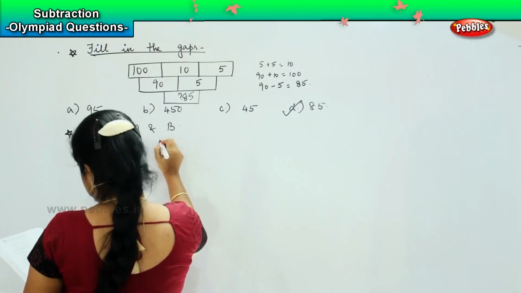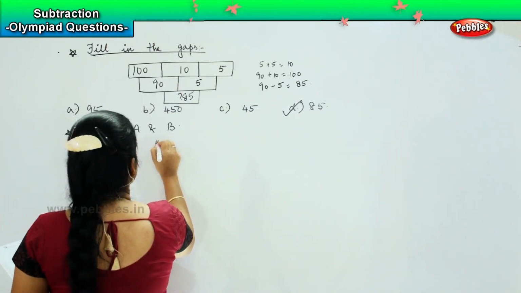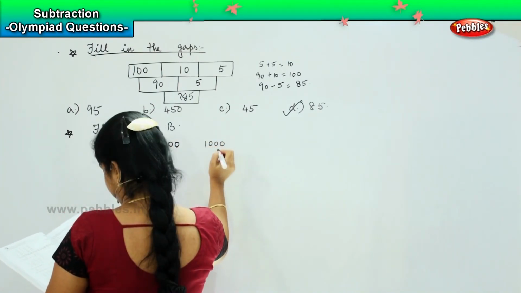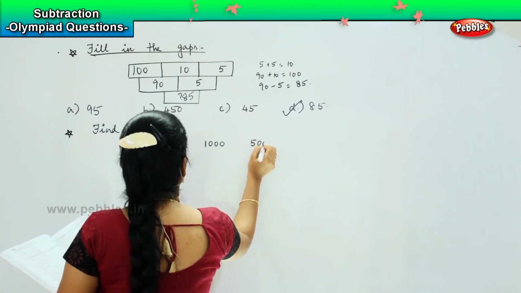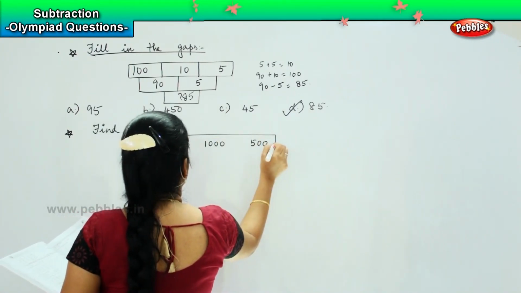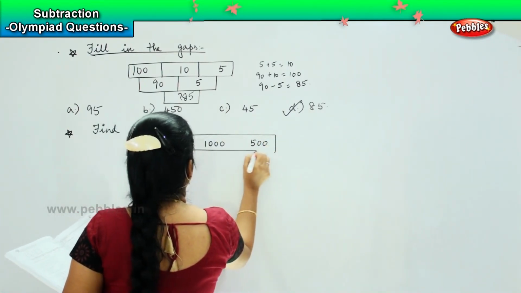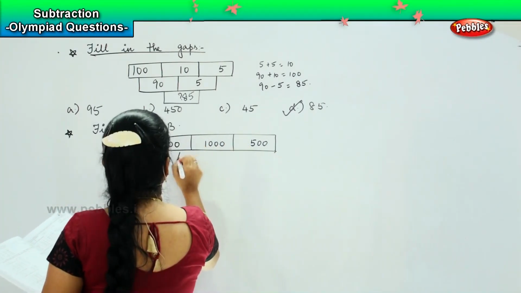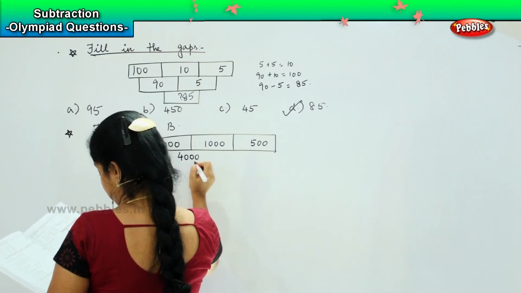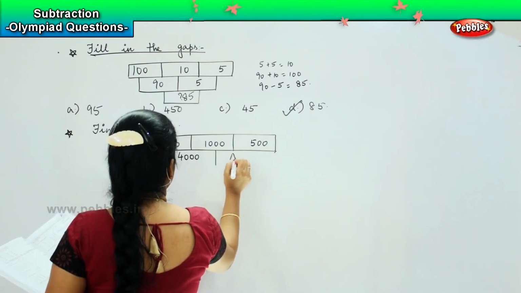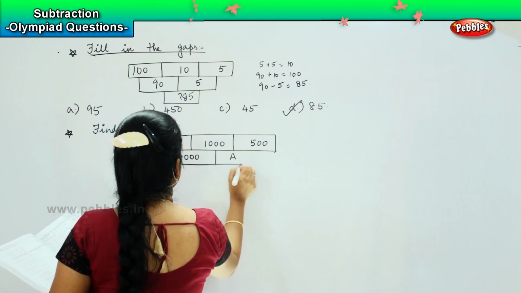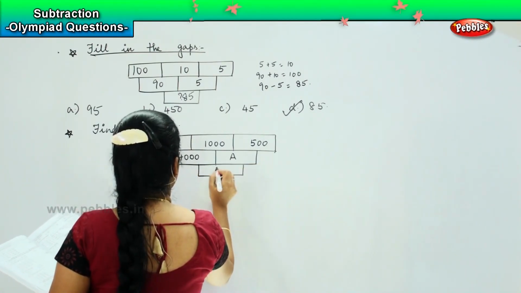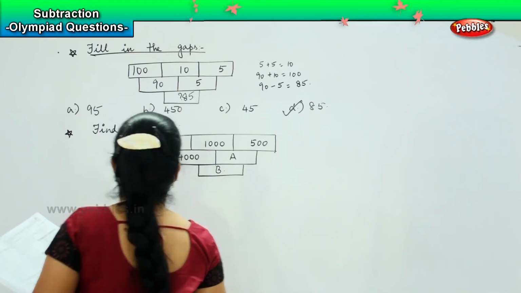And your question again is 5,000, 1,000, 500, then 4,000 and A, and then the next one is B.